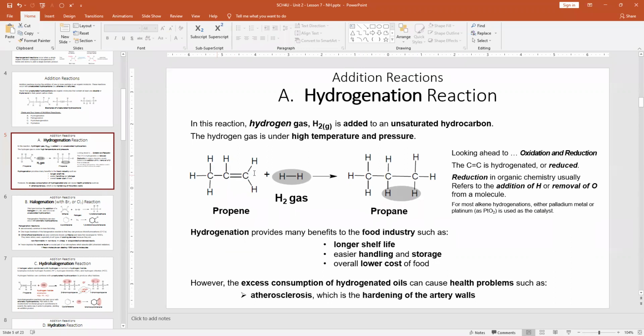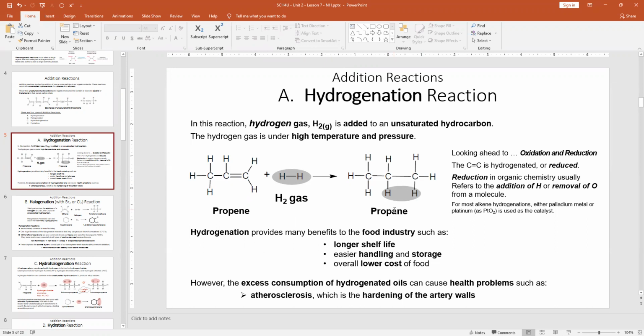Here in this case, the carbon-carbon double bond is hydrogenated, as you can see. Hydrogen is added to these 2 carbons, and the double bond is broken, and you have 2 new hydrogens added here. This is also called a reduction.